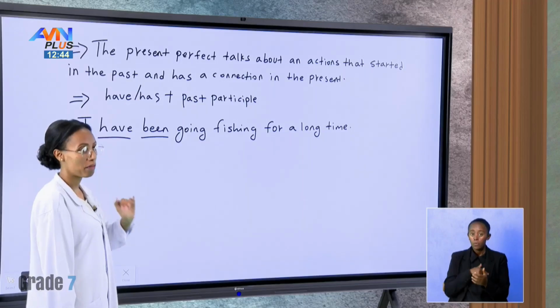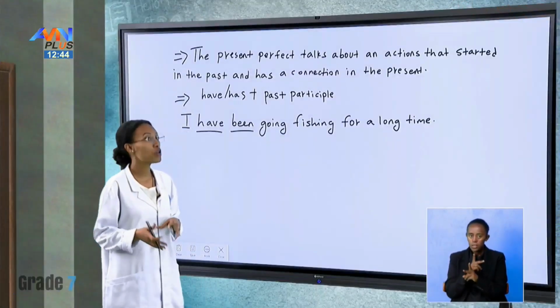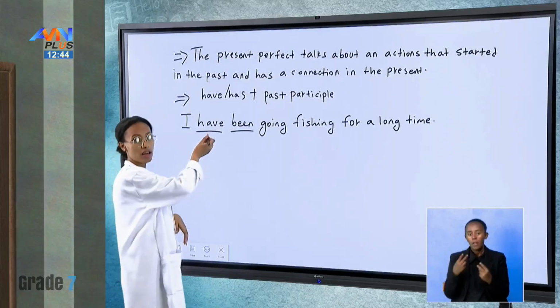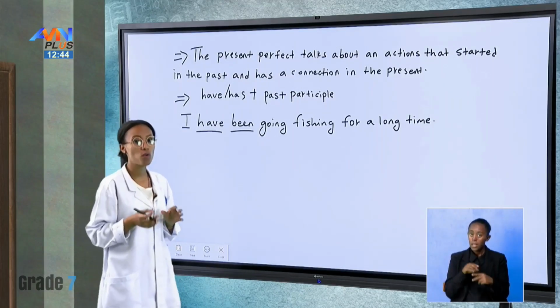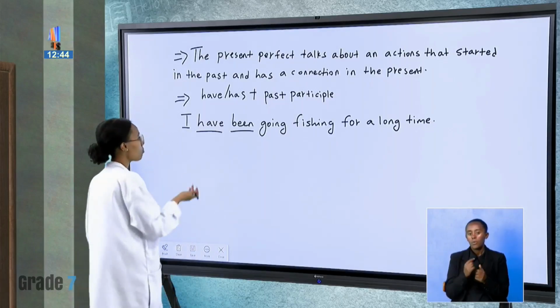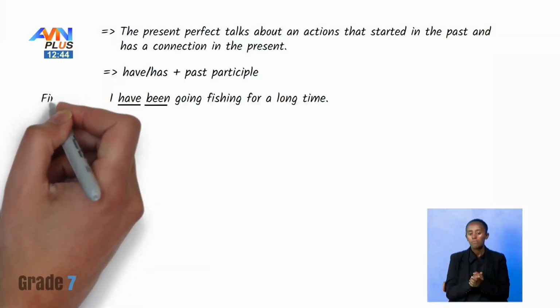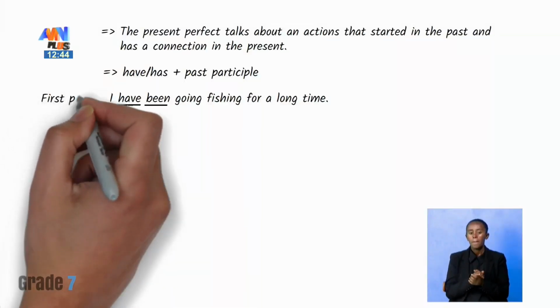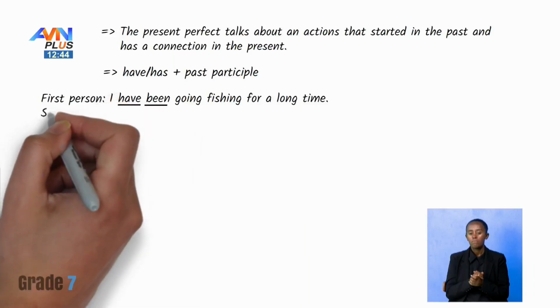We also have to be careful. Generally, we use have when we're forming the present perfect tense, except when we are using the third person singulars. Let's give an example. I have. This is what? First person. Second person.